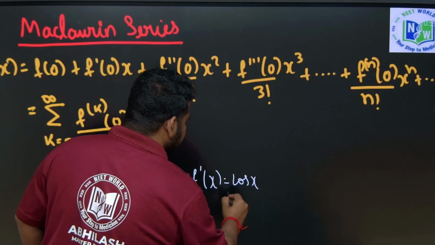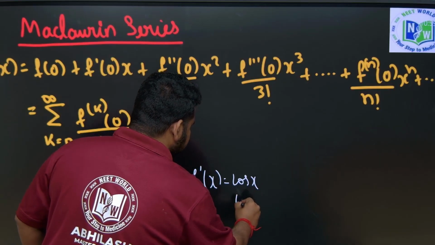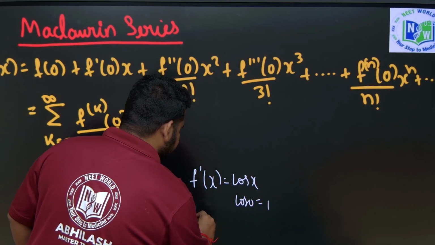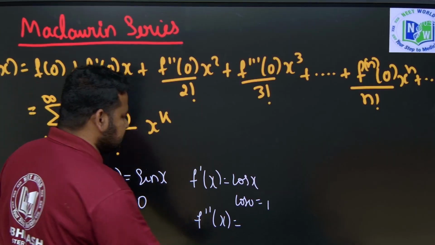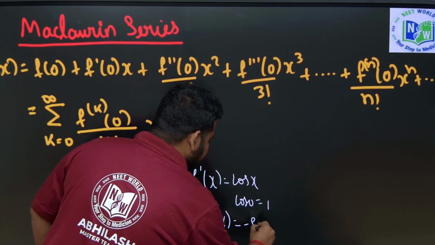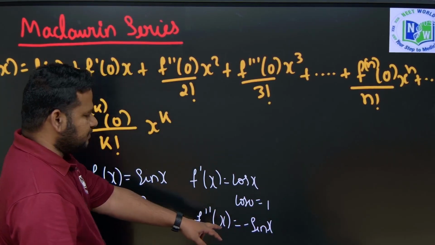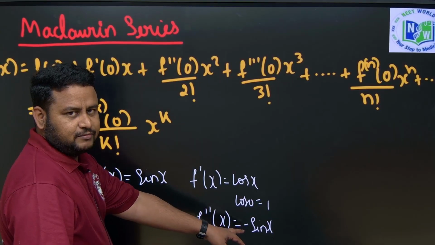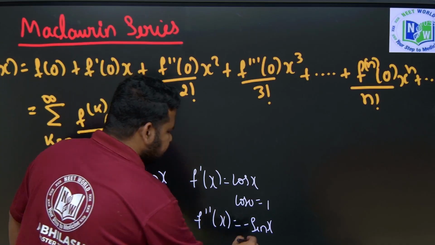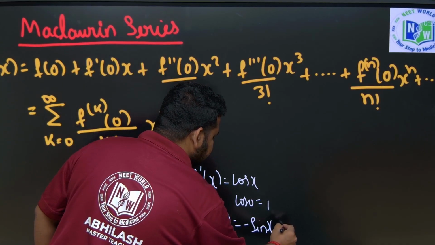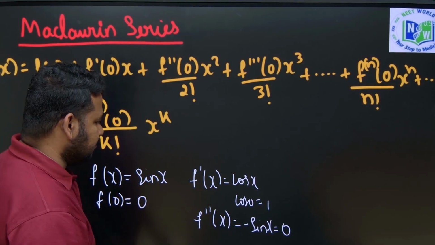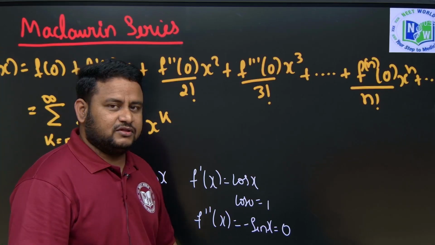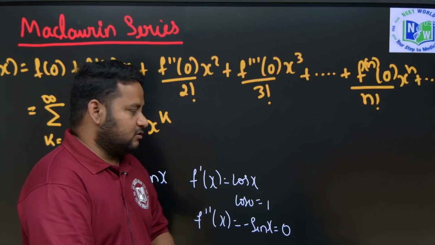So cos 0 is nothing but 1. f double dash of x is nothing but minus sin x. So minus sin 0 is nothing but 0 itself. Okay, it is not sin into 0, it is sin 0 itself. Sin cannot exist without the angle. Got it, friends?